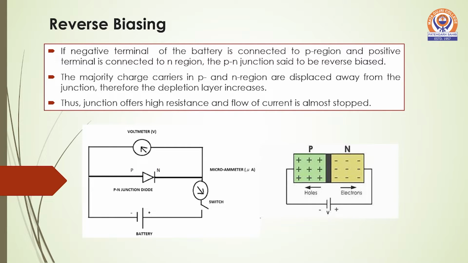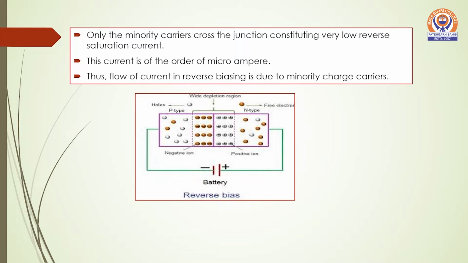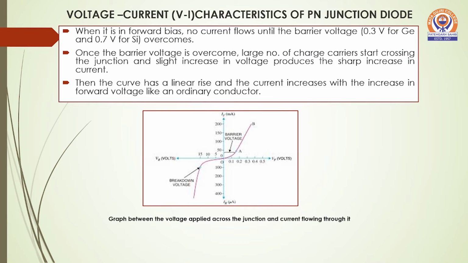Due to the increase in depletion layer, the majority charge carriers can't cross the junction. Therefore, the junction offers high resistance and the flow of current is almost stopped. Only the minority charge carriers can cross the junction and they constitute a very low reverse saturation current of the order of microamperes. Next is the voltage current characteristics of the PN junction diode.